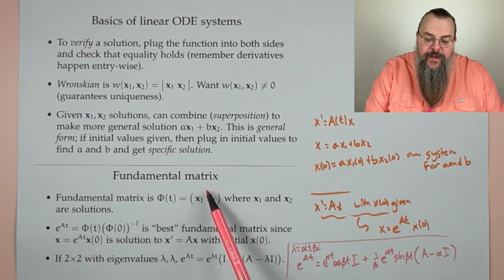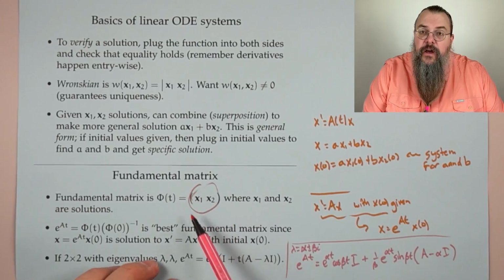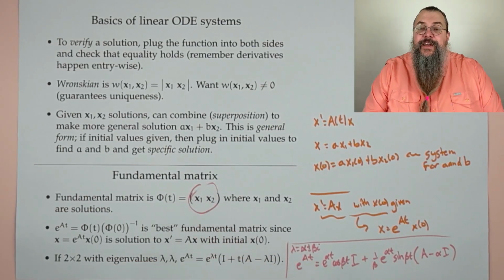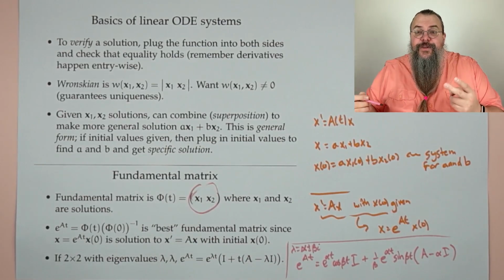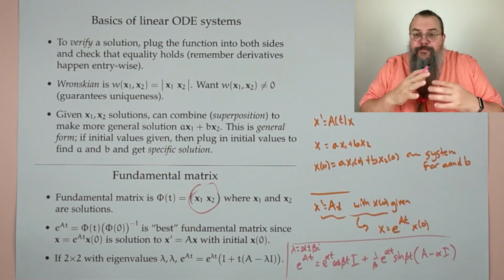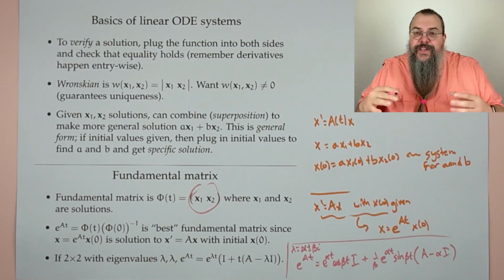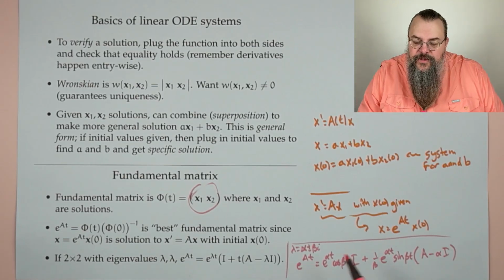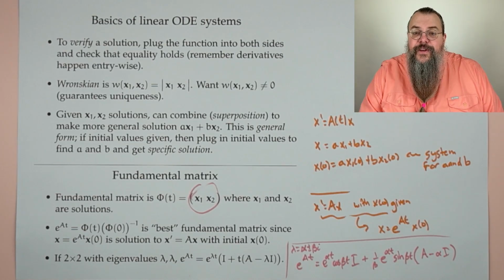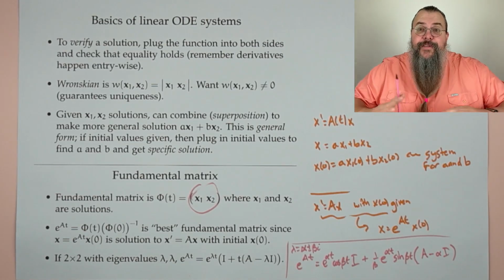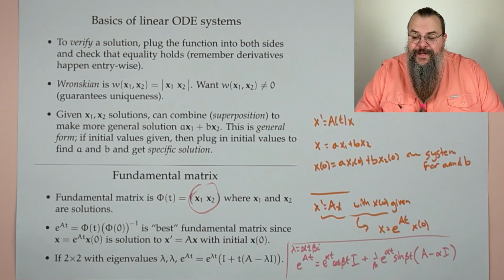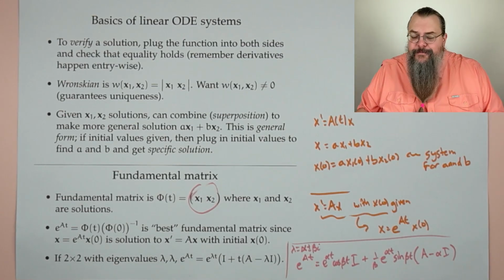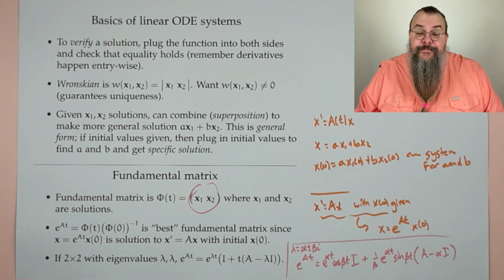So you say, great, grab the columns of e to the at, then you've got x1 and x2. And now you say, great, constant times x1 plus constant times x2, general form. And so use your tools. Using the tools of computing e to the at makes life a lot more fun because it makes things a little bit more straightforward. And we kind of like it when that happens. I kind of do.